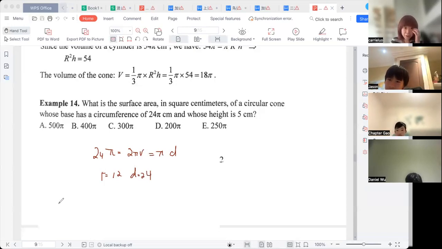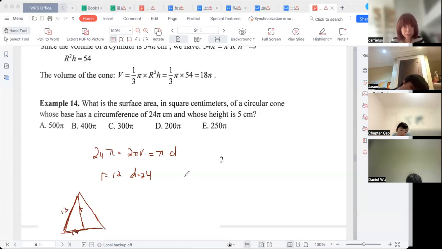So they want to find out the surface area of the circular cone. What is a circular cone? This one is different, okay? Because I want you to take a look at this one. So the height is 5, and this is 12. Can you find out what is this one? Yes, 5, 12, this is 13.